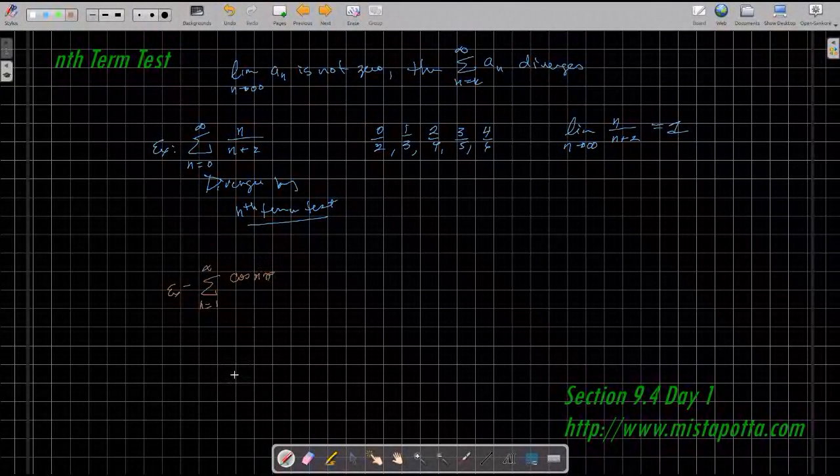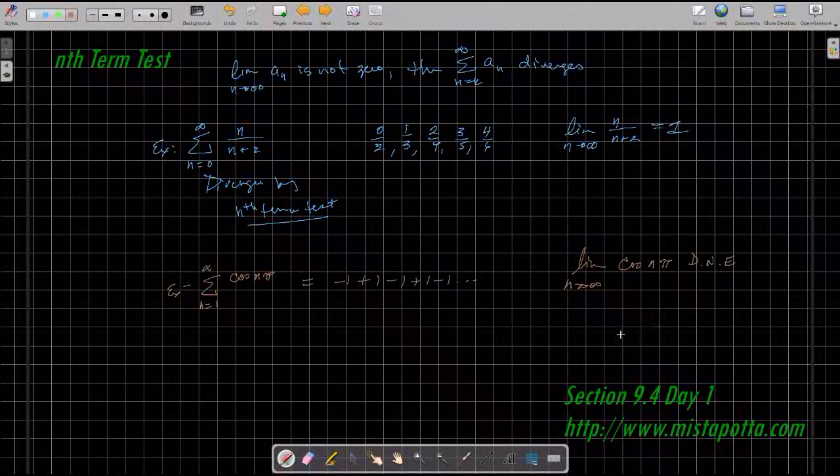If I take a look at this series, it is essentially negative 1 plus 1 minus 1 plus 1 minus 1, etc. These values are not getting smaller or larger, but in fact the limit does not exist.